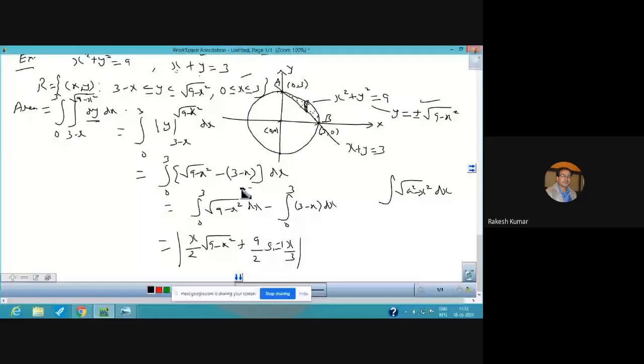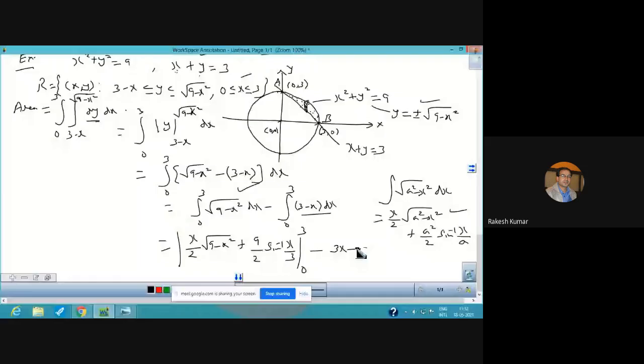So this is the integration of this formula, 0 to 3. Write down the formula, that is x over 2 square root a square minus x square plus a square over 2 sine inverse x over a. This is the formula we have applied. Now integrate this, you will have 3x minus x square over 2, that is 0 to 3.